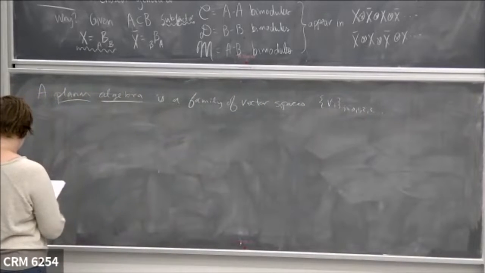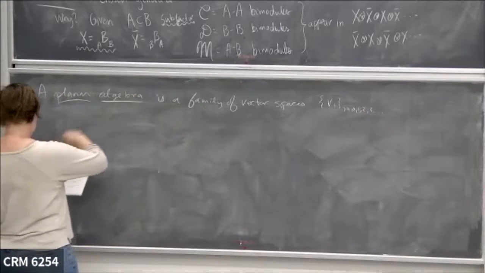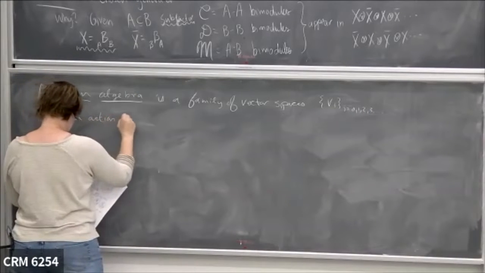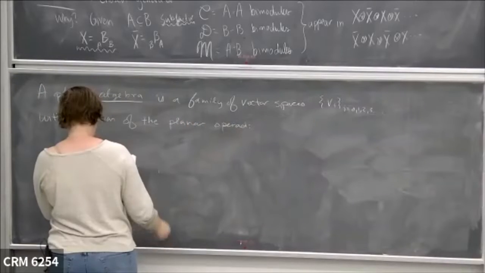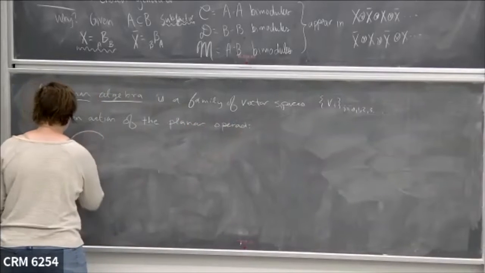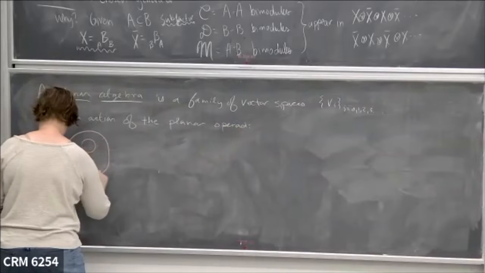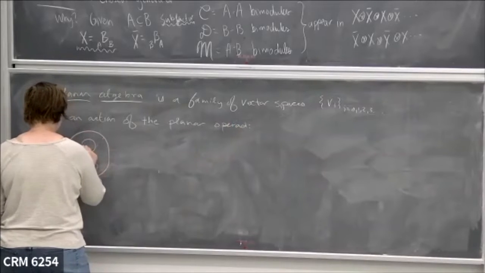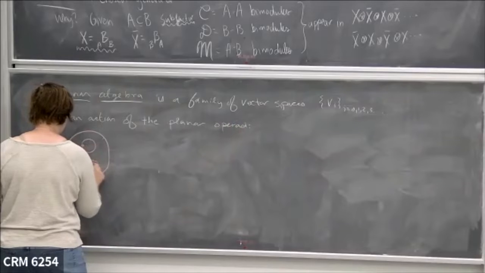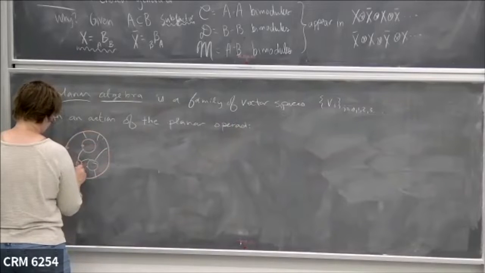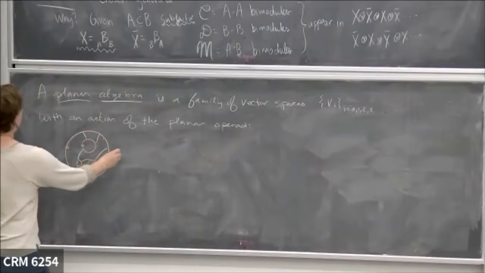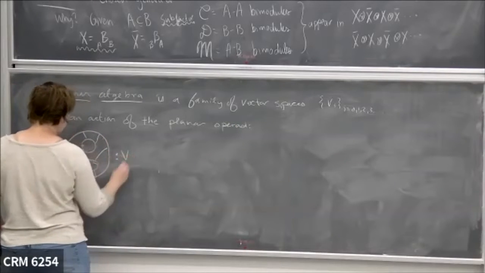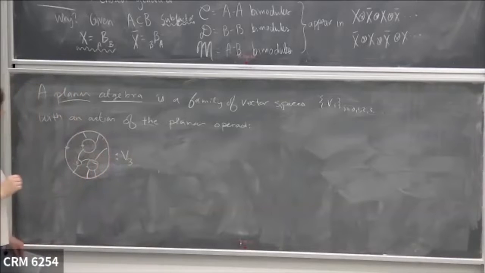So a family of vector spaces, an action of the planar operad. For example, not that this is a particularly important diagram in any sense, but what do I have here? I have a boundary component with 3 strings coming into it. That means I should take something from the vector space V3.